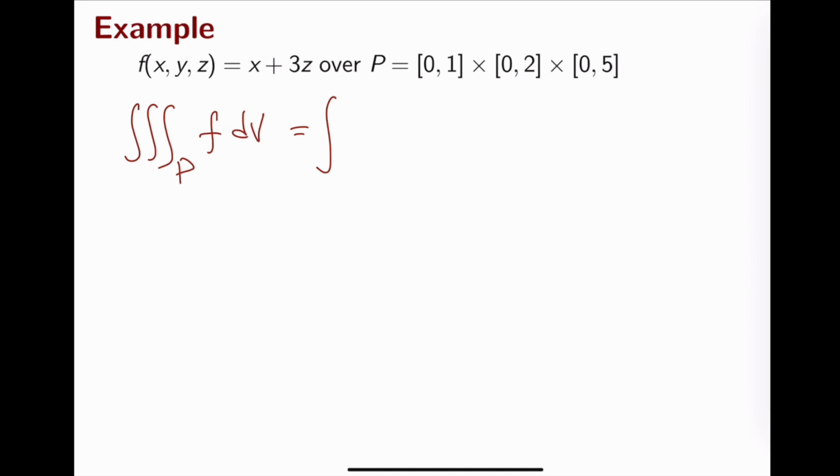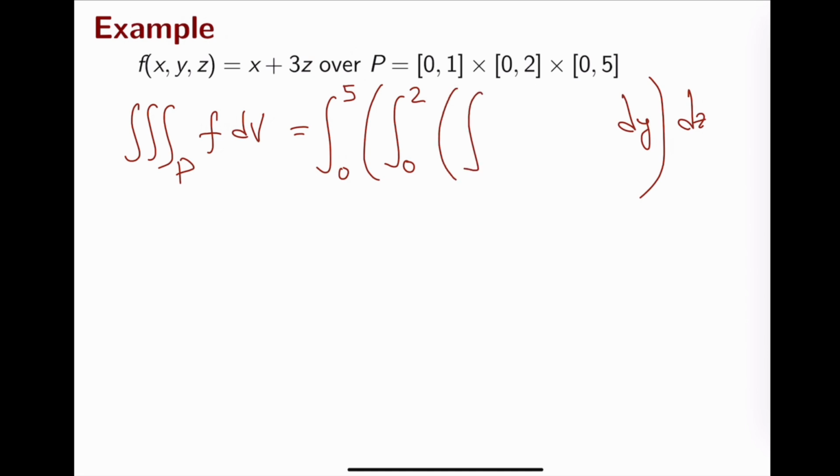So for instance, I'm going to put outside the variation of z. That will be the last one I do. And here I'm going to put the variation of y that varies between 0 and 2, dy. And then finally inside I'm going to put the variation of x between 0 and 1 of the function, that in this case is the one given here, x plus 3z, dx.